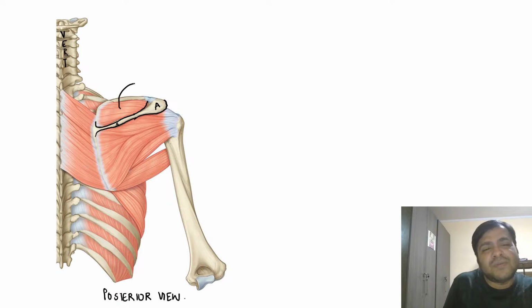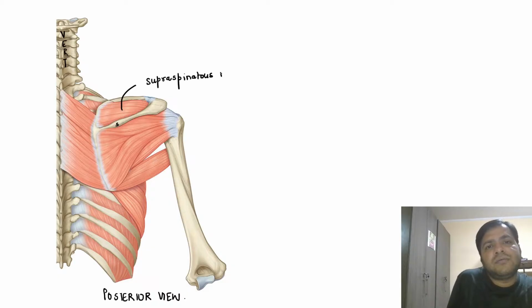Spinous process के ऊपर muscle दिख रही है. You can very well assume ये कौन सी muscle होगी guys? Spinous process के ऊपर है. So this will be the supraspinatus muscle. And the one which is below it is the infraspinatus muscle.